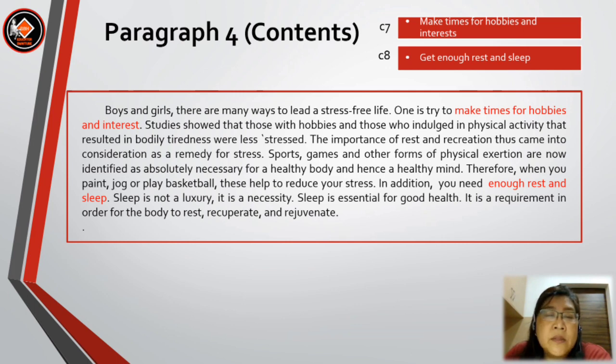Therefore, when you paint, jog, or play basketball, these help to reduce your stress. In addition, you need enough rest and sleep. Sleep is not a luxury, it is a necessity. Sleep is essential for good health. It is a requirement in order for the body to rest, recuperate, and rejuvenate.